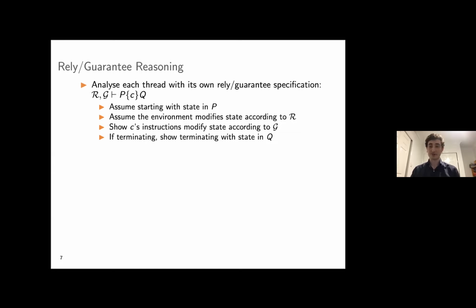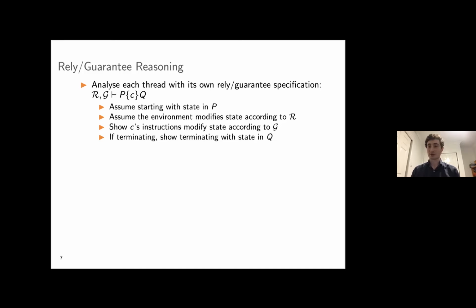As a brief primer, the underlying idea is that you analyze each thread independently with its own rely guarantee specification. From the perspective of one thread, you assume that all other threads are going to satisfy the rely specification. Given that assumption, you establish that this thread will satisfy its guarantee relation in terms of how it modifies global state.